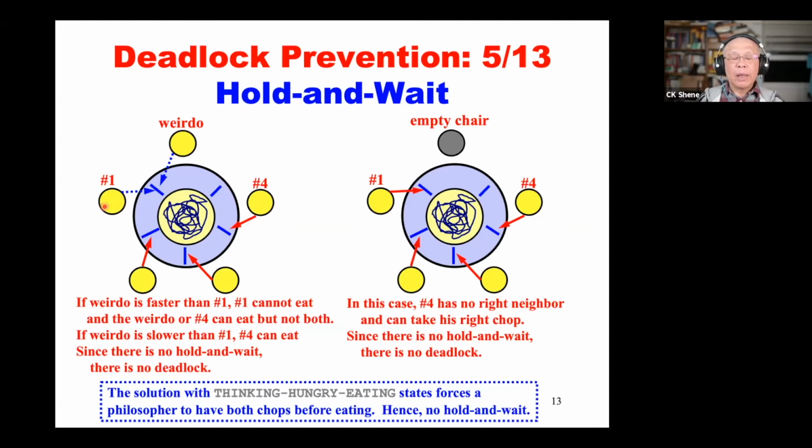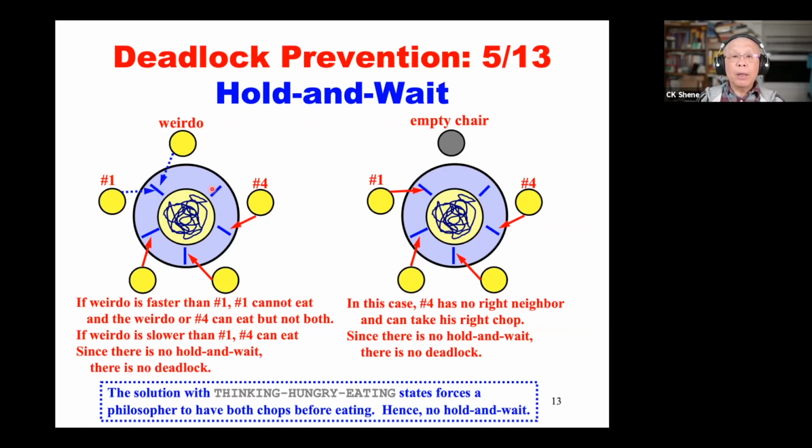Number 1 cannot eat, so number 1's right chopstick is available. So number 2 can have it, depending on how fast number 2, number 3, and number 4 are. Eventually, if we have a scenario like this, where the weirdo is 4 and the weirdo is faster, it gets its right, and number 4 has its left.